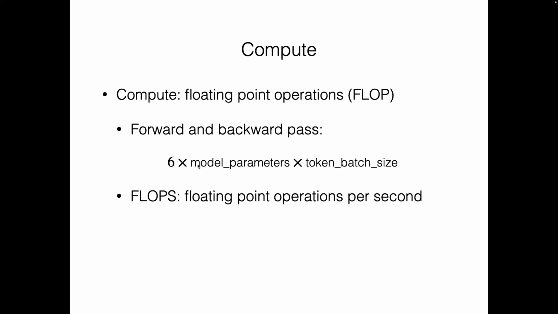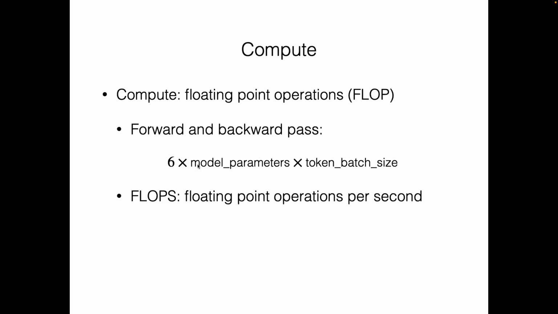Now, this actually comes from a paper from OpenAI on scaling laws from 2020. You can go into their appendix and look at what they do to come up with this approximation. You start off with the different layers in a transformer, and then compute exactly how many floating point operations are being computed.